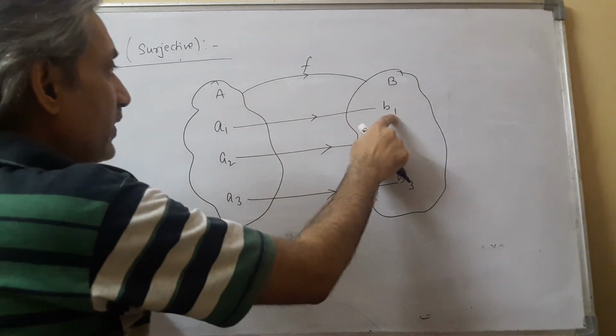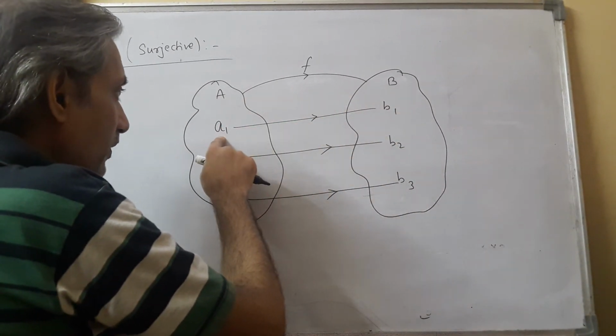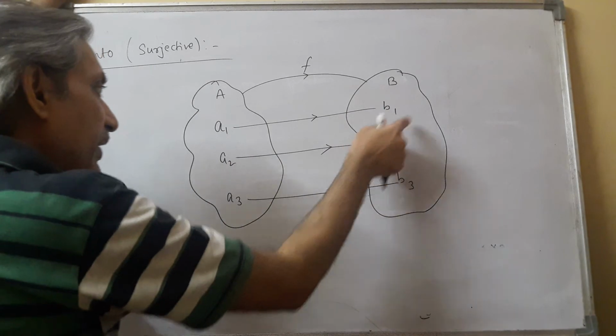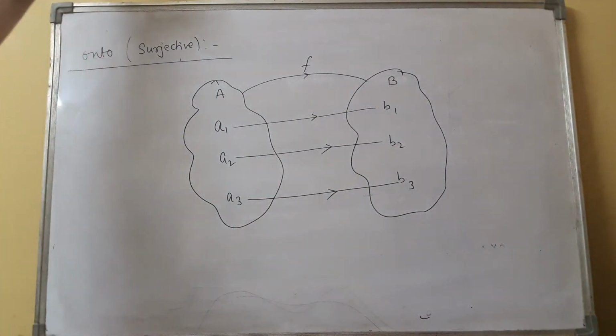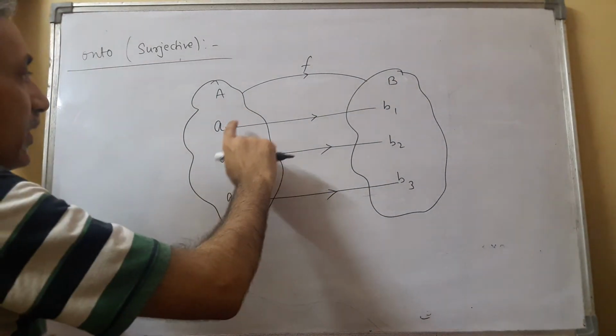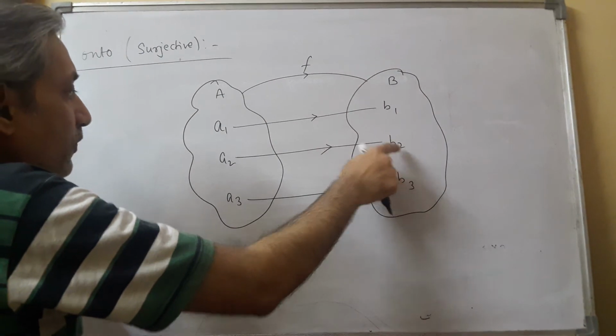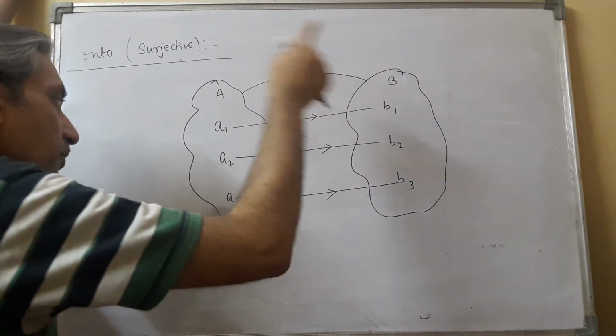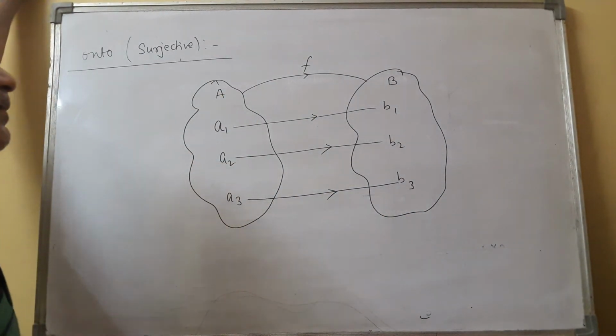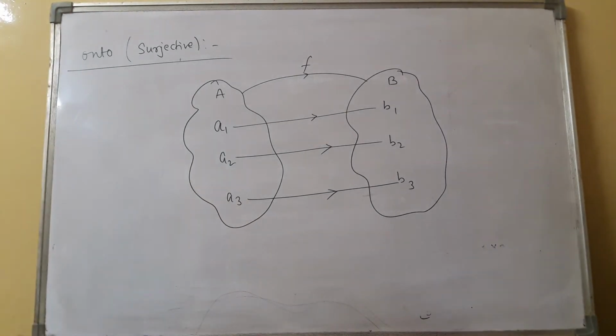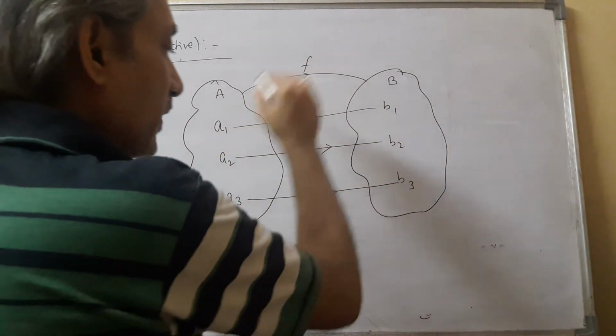Look, B1 is the image of A1 and A1 is the pre-image of B1. B2 is the image of A2 and A2 is the pre-image of B2. So this is 1-1 as well as onto.